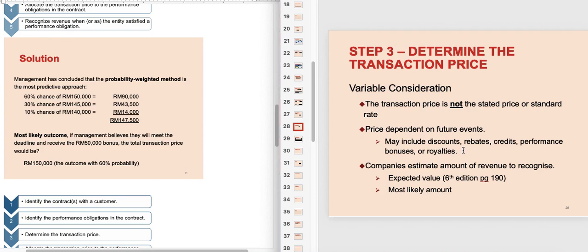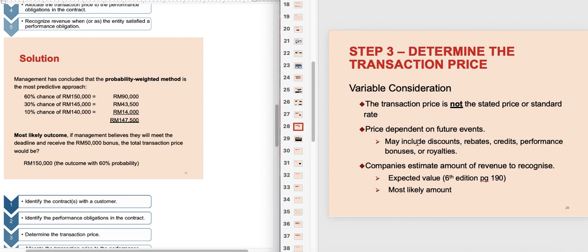So in that case, if let's say you identify the transaction price is RM10,000, and in the agreement you include this variable element, which means that you may give a discount to your customer, for example, if they pay early, or if we delay in performing our obligation, then the customer may pay a lower amount.